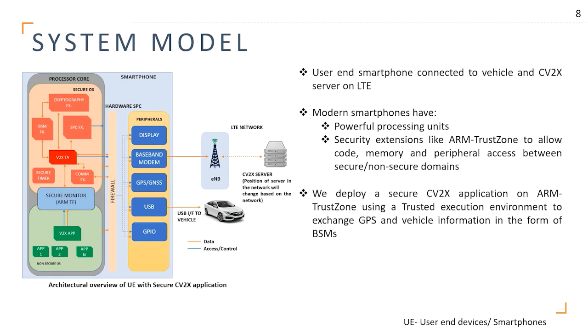We make use of this security extension to deploy a secure CV2X application over a trusted execution environment to exchange GPS and vehicular information in the form of basic safety messages or BSMs. Each UE would send a BSM periodically to the CV2X server, which is receiving similar BSMs from other UEs. The server then filters and responds back with a payload of relevant BSMs back to each of these UEs.